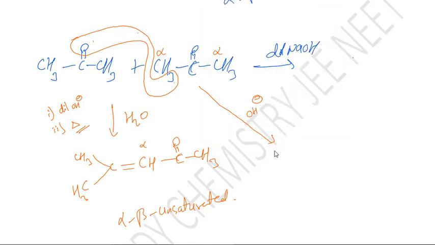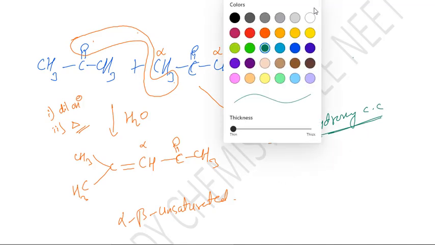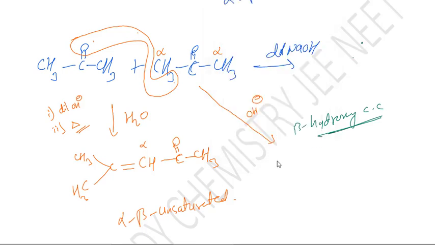Suppose only OH minus is there, then the product will be a beta hydroxy carbonyl compound. You can take the same compound here, this is the beta position, CH3, CH3, this carbon is there, CH, C double bond O, CH3.